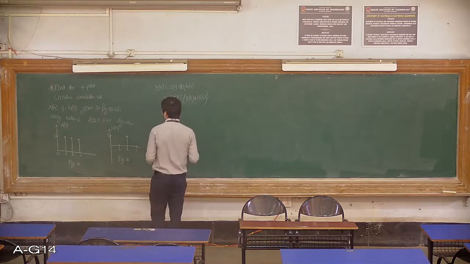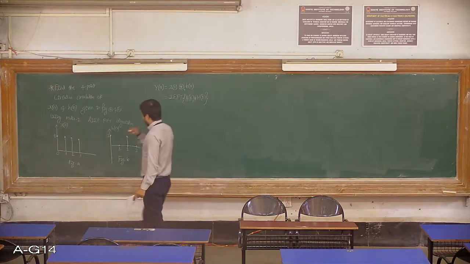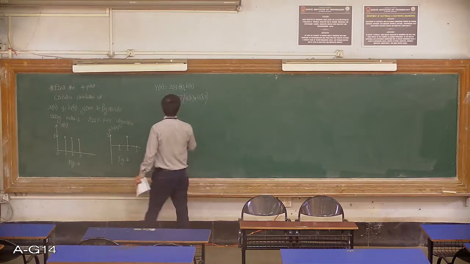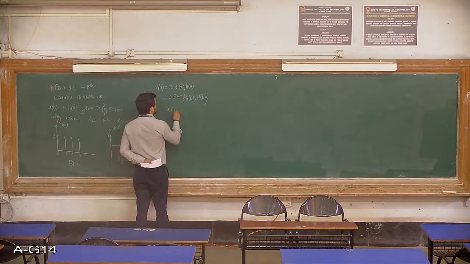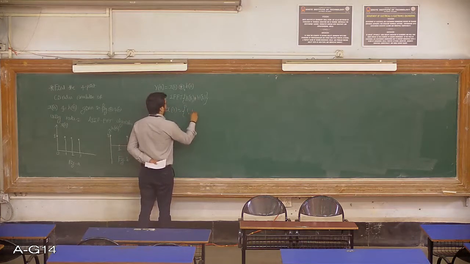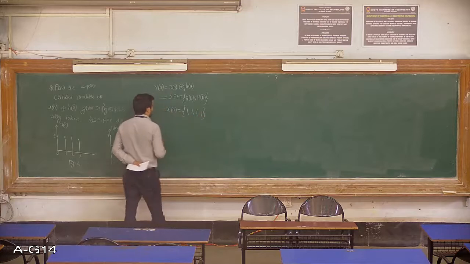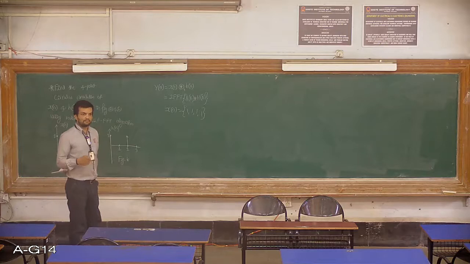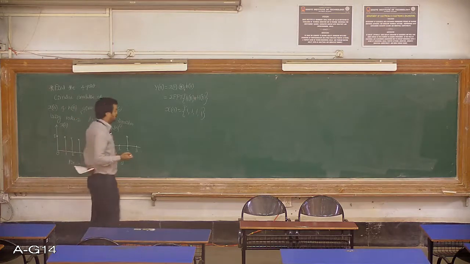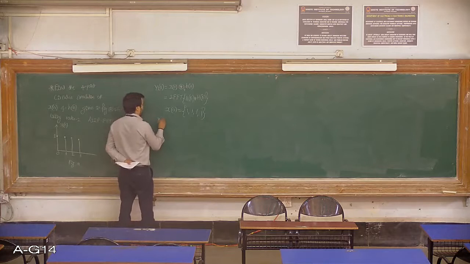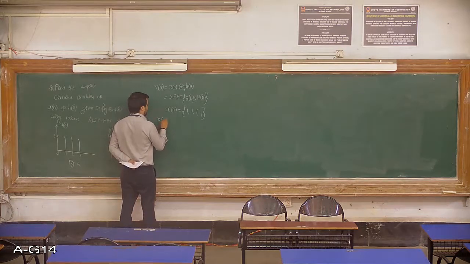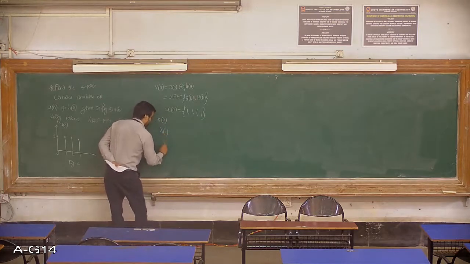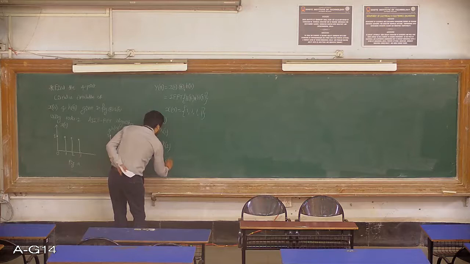So first we will take the first signal x of n. So x of n is nothing but 1, 1, 1 and 1. 4 values are there. So we have to take the 4-point DIF FFT, right? So I will write x of 0, x of 1, x of 2, and last one is x of 3.